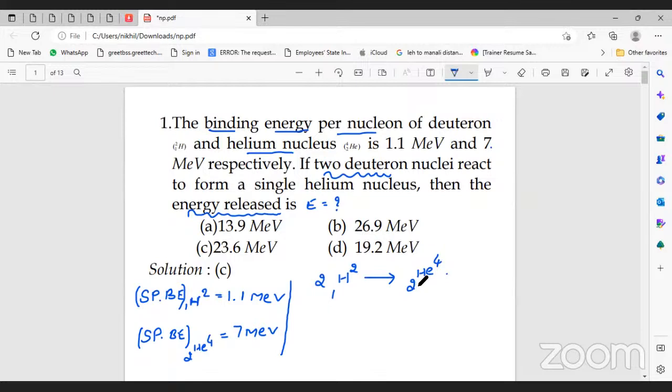So 2 deuterium is equal to 1 single helium nucleus.